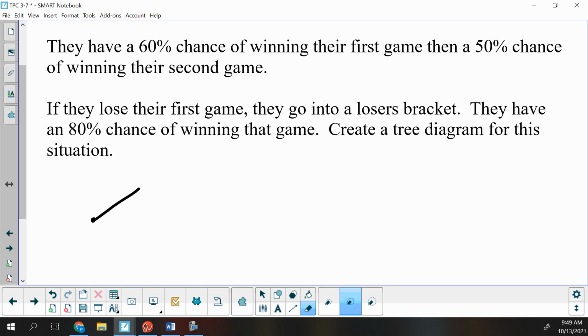So let's start with a point. The first game could be a win or a loss. We had a 60% chance of winning the first game, so this would be 0.6 or 0.60 if you want to write it. If it's 60% chance of winning, that means that's a 40% chance of losing. Well, now for the second game, in each instance, we could have either a win or a loss.